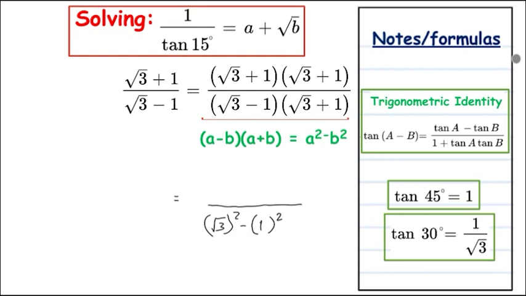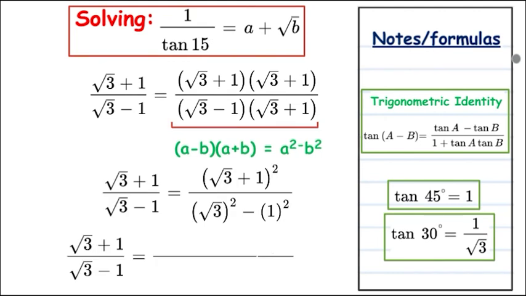And then we have the square of the numerator, which is the square root of 3 plus 1 all to be squared, which is the square root of 3 squared plus twice the square root of 3, twice the cross multipliers, plus 1 squared. And below we have 3 minus 1, which is 2.